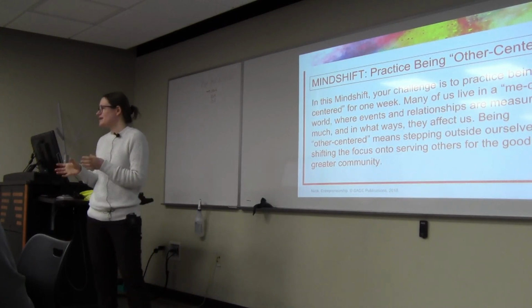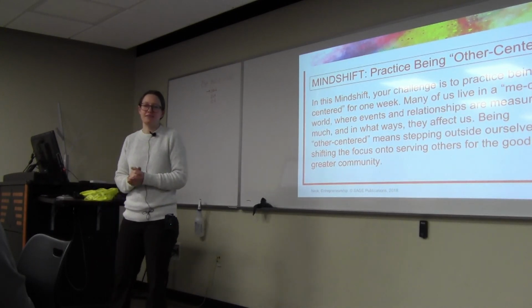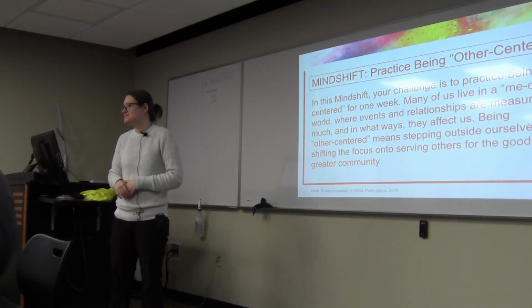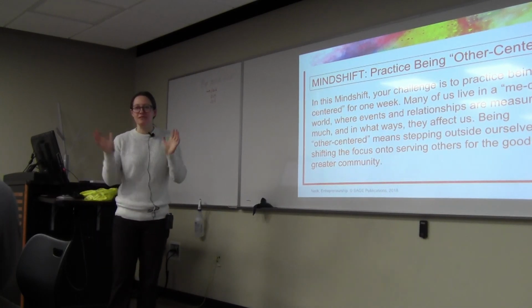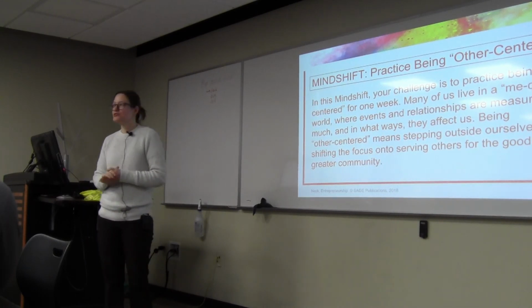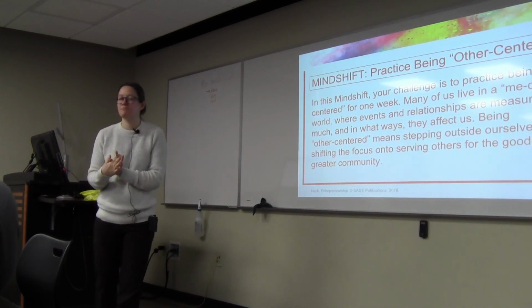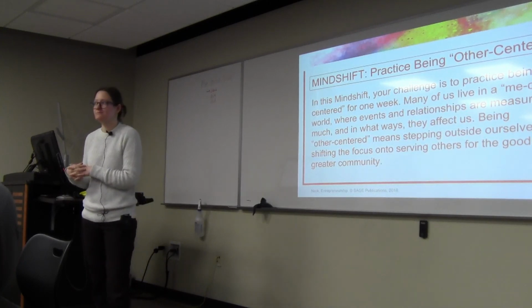Maybe try to be other-centered, so this is your challenge for the week. And just be like, that's all right. This person is going to pay with cash, that's cool. I'll just stand here and maybe read a magazine, no big deal, right? Don't get stressed about it. So try to practice being other-centered this week and be respectful and contemplative of other people around you.